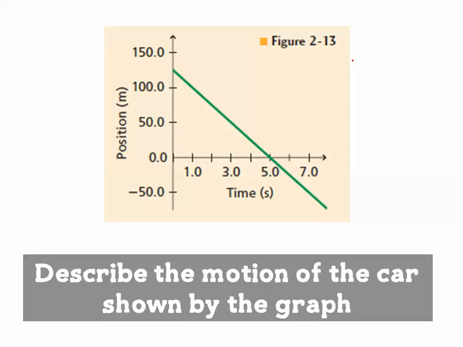Now we can also infer how the motion of the object occurs based on the position time graph. For instance, see if you can describe the motion of the car shown by this graph real quick.